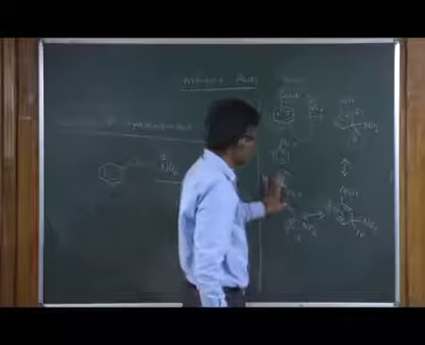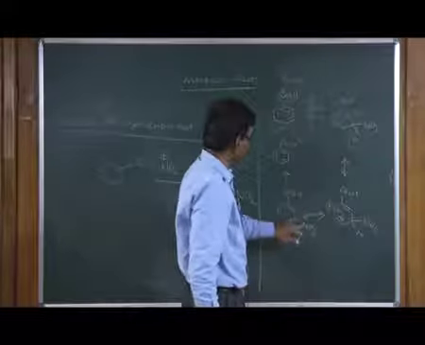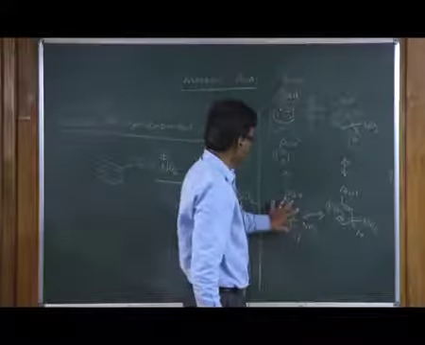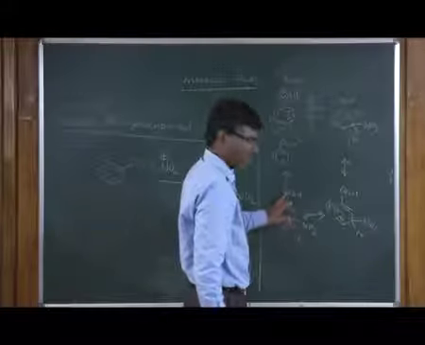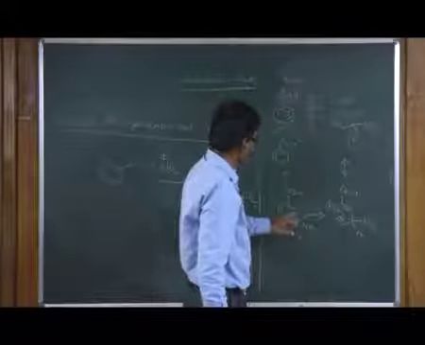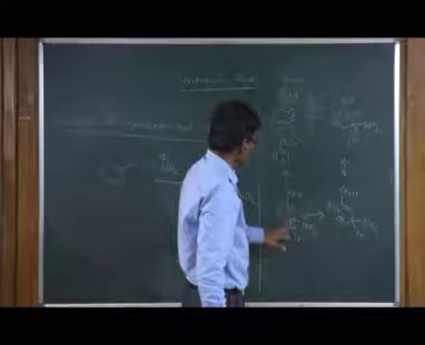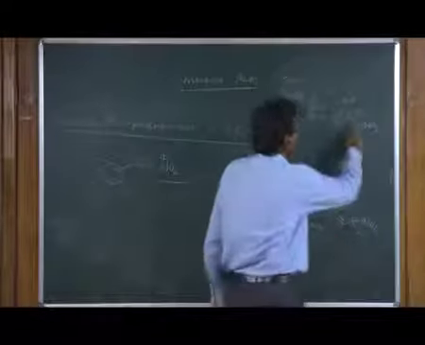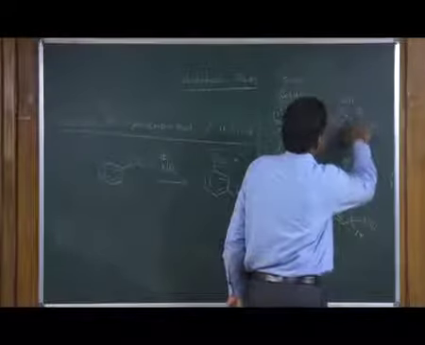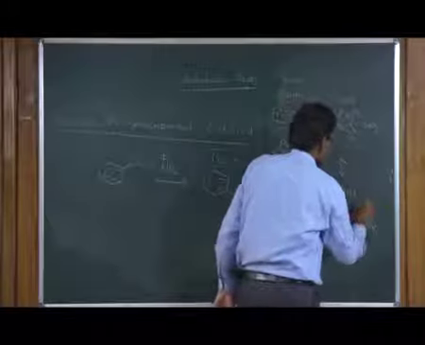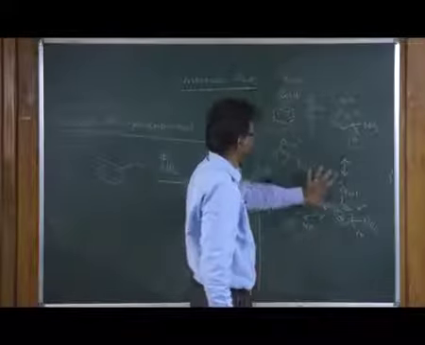Since this is an electron withdrawing group, and you add the nitro group, these two carbons have less electron density, otherwise electron deficient, and this is favored, and so the meta substitution is favored.